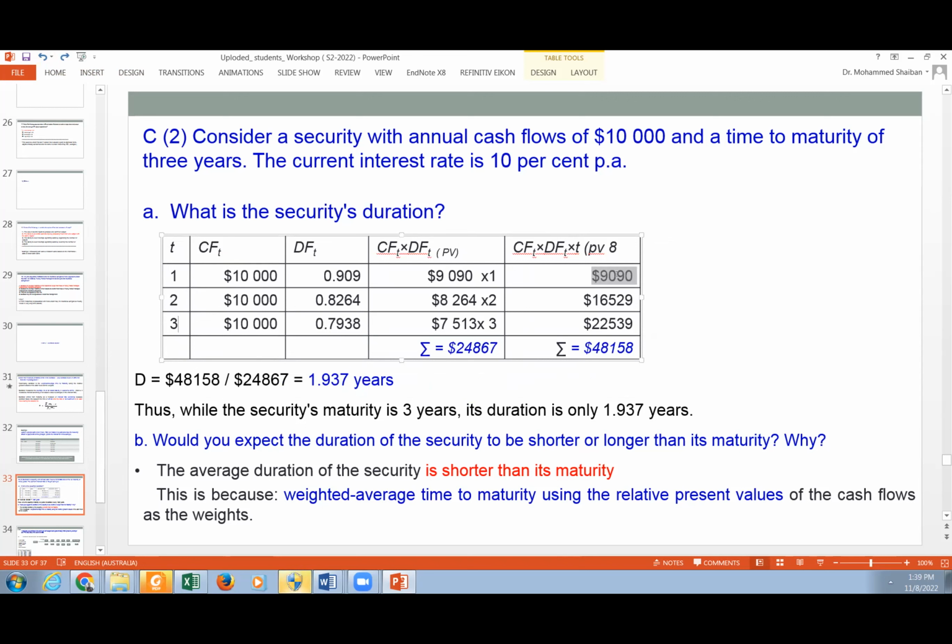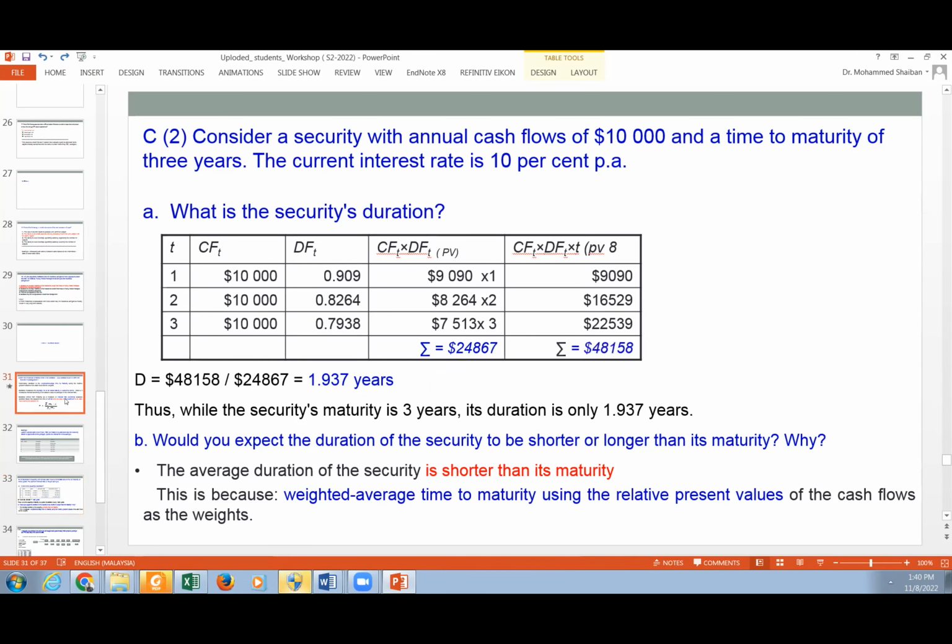So I have to calculate this times 1, this times 2, and this times 3. And you can see now, the present value times time, this is the total of it. And this is just the present value.